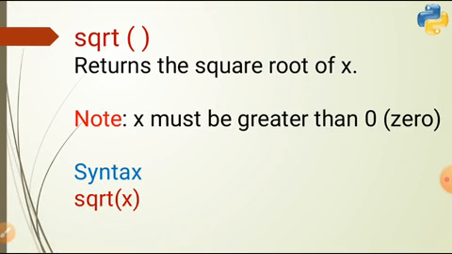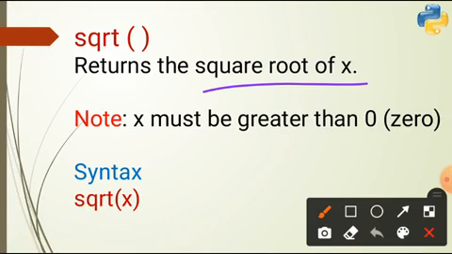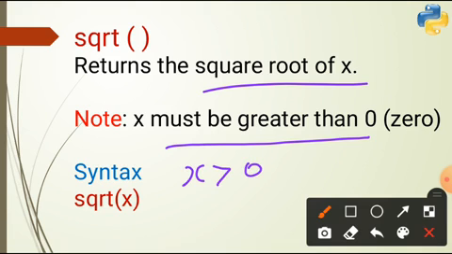SQRT, which returns the square root of a value. Okay. x must be greater than 0. This is the important thing. That is, we can find the square root only for positive numbers. That is, the value of x must be greater than 0, which is considered positive.